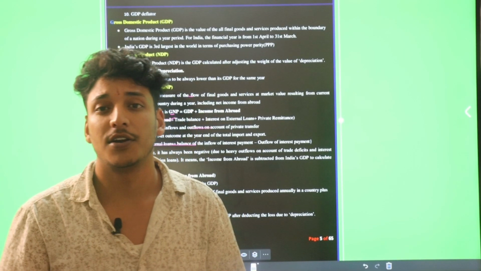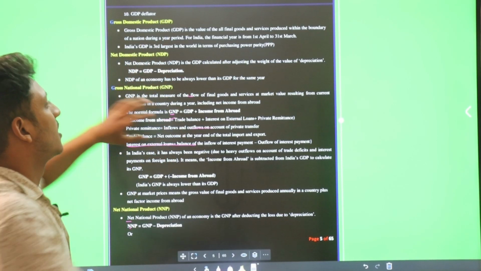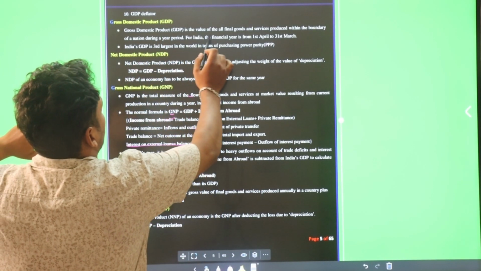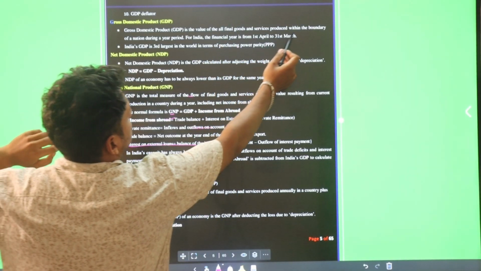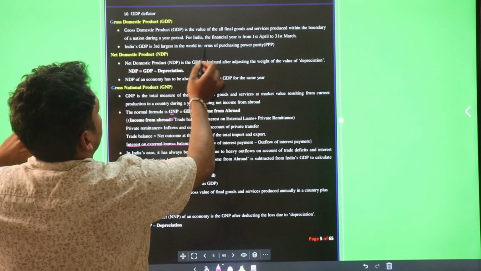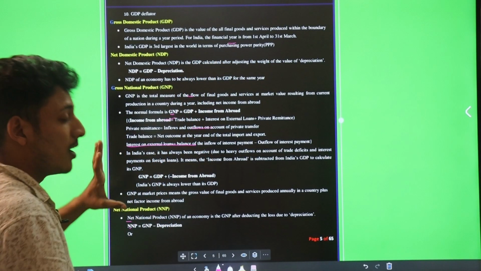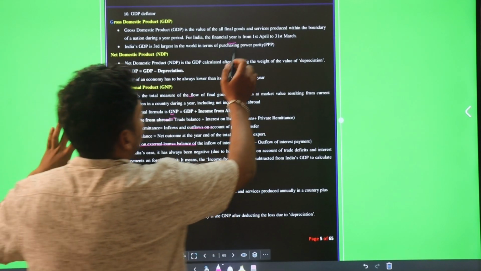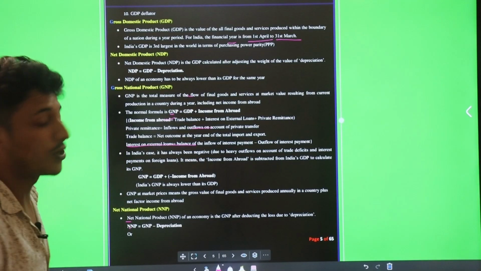GDP, gross domestic product, is measured within 1 year. The gross domestic product is the final goods or services produced within the boundary of a nation during a period of time. Remember this: in the exam they may ask you what the financial year of India is. It is 1st April to 31st March, 1 year total.